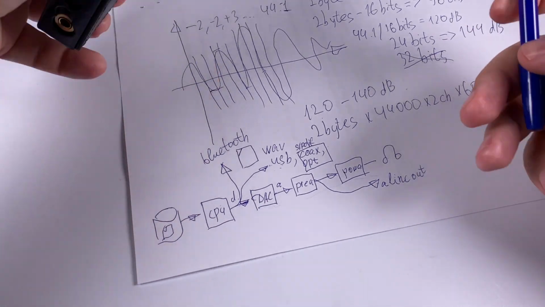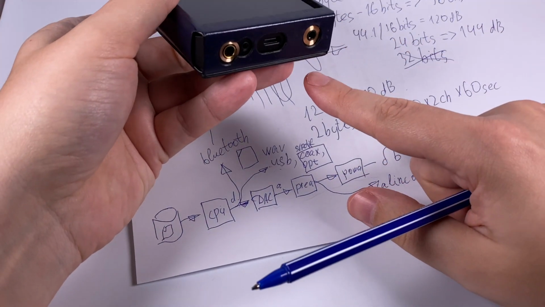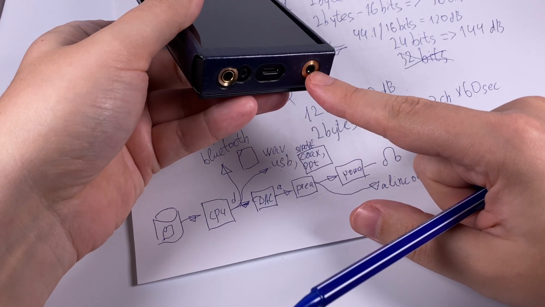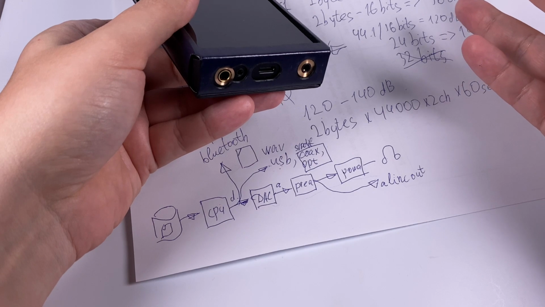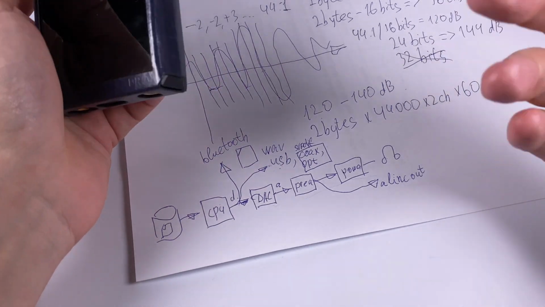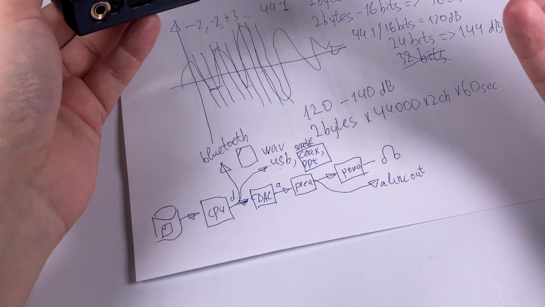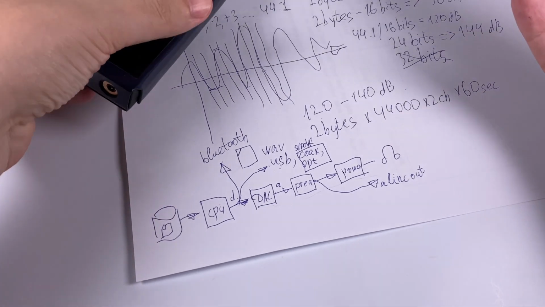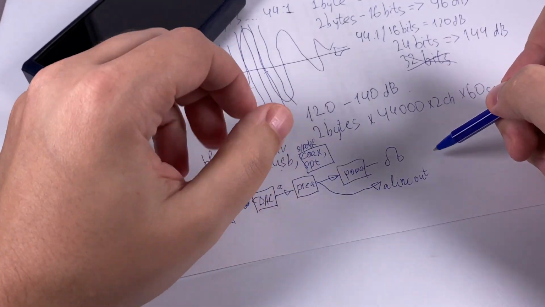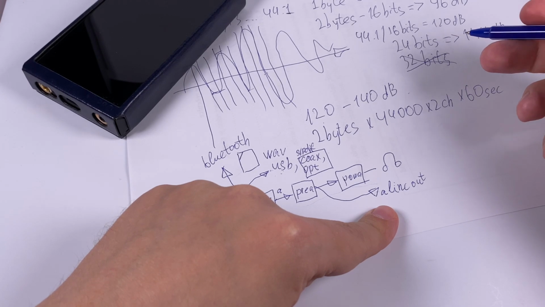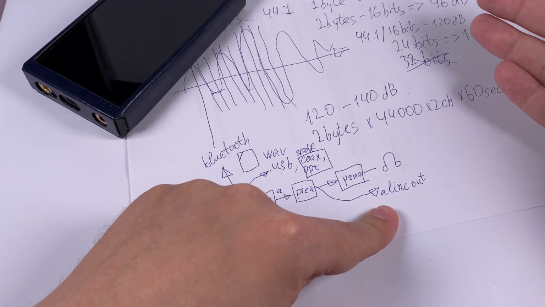Usually in many DAPs, line out is combined with the regular headphones output, and you just need a 3.5mm to 2 RCA cable, and you can connect it to the corresponding input. So you connect line out to line in, or sometimes it's called auxiliary in. It depends.